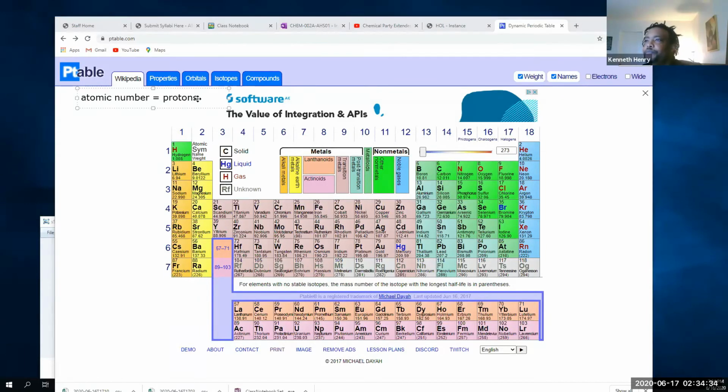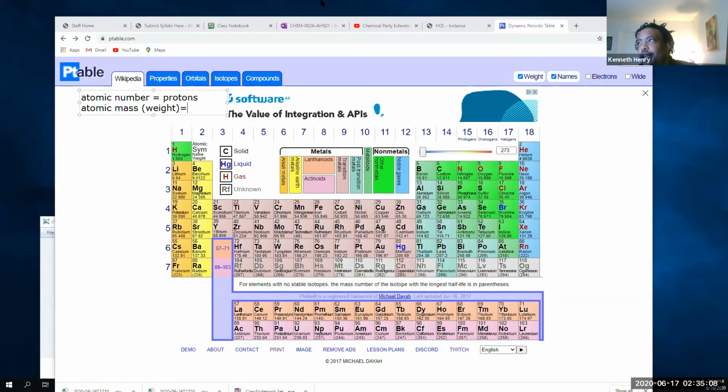Okay, so we have atomic mass. It's also called atomic weight, so I'm going to put weight in parentheses, although we know that only applies when we're on Earth. Okay, so the atomic mass is given to us right here.